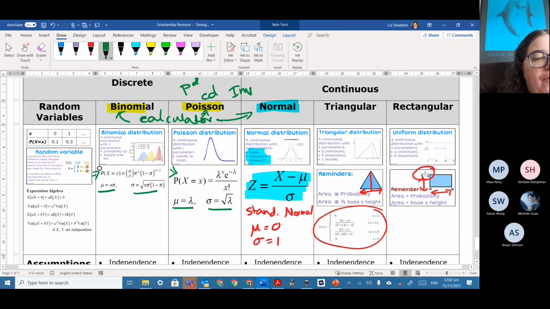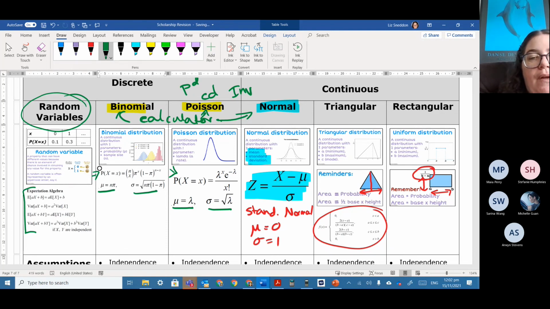And then we've also got our random variables, which is when we do linear combinations of variables. I don't think these often come up in the scholarship ones.